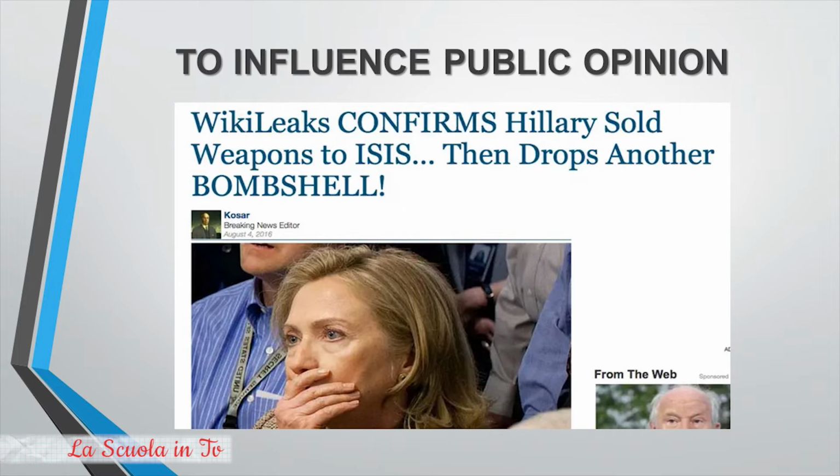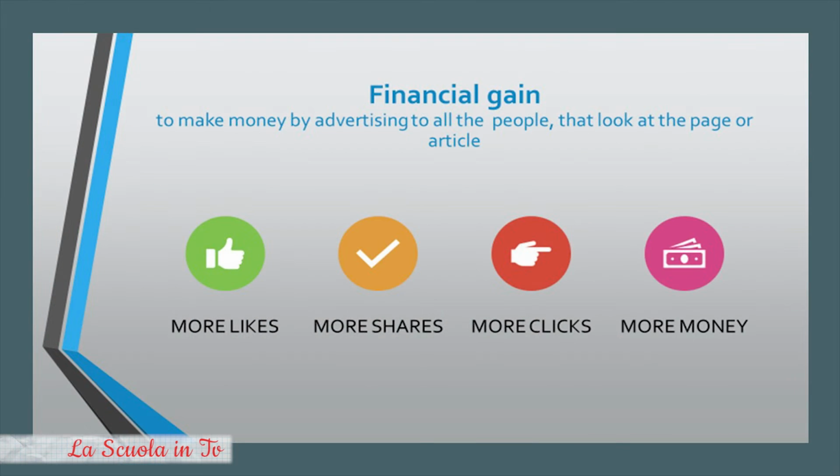Finally, let's see the third point, as we said before, the financial gain. Why is it important? Why is it so easy to gain money from the spread of fake news? Because the advertisements that we can see next to a fake news are placed there by advertisers.